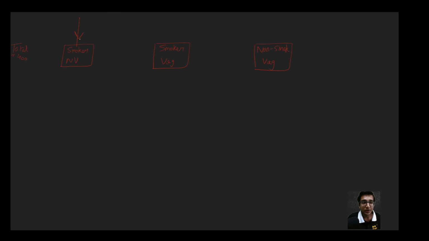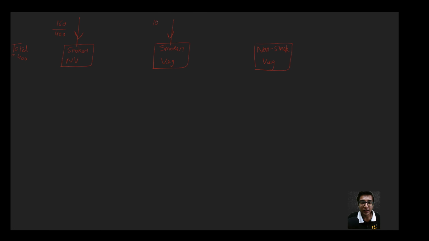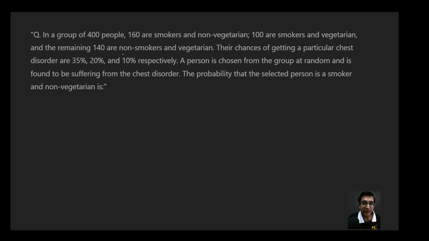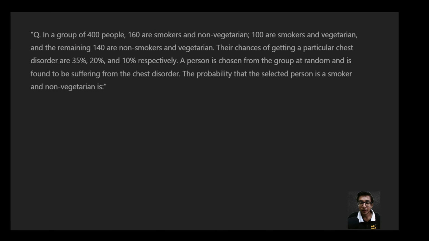So what would be my probability for getting into this pathway? 160 by 400. What would be my probability for getting into a smoker veg pathway? There are 100 people, so 100 by 400. And for non-smoker and vegetarian, we have 140, so 140 by 400.